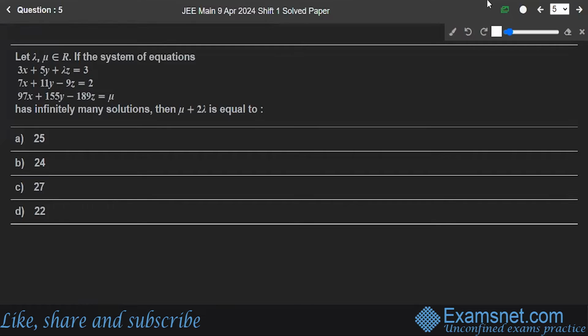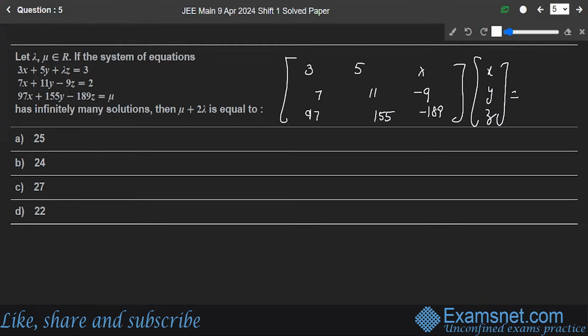Question number 5: let lambda, mu belong to the real numbers. If the system of equations, these three, has infinitely many solutions, what is lambda plus mu plus 2 lambda? So these are the three equations. If I rewrite these equations in the matrix form, the coefficient matrix is 3, 5, lambda, 7, 11, minus 9, 97, 155, 189, times x, y, z, equal to 3, 2, and mu.